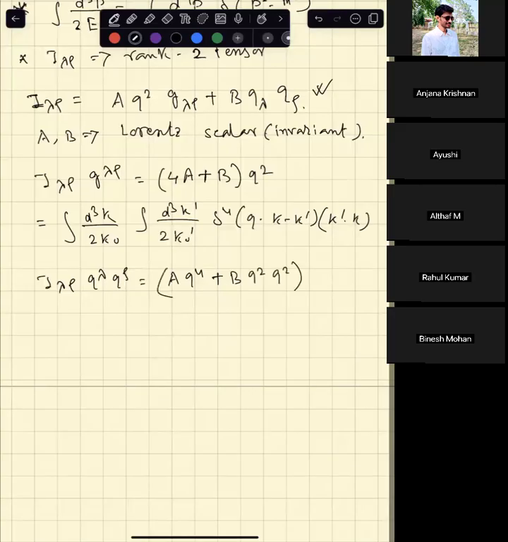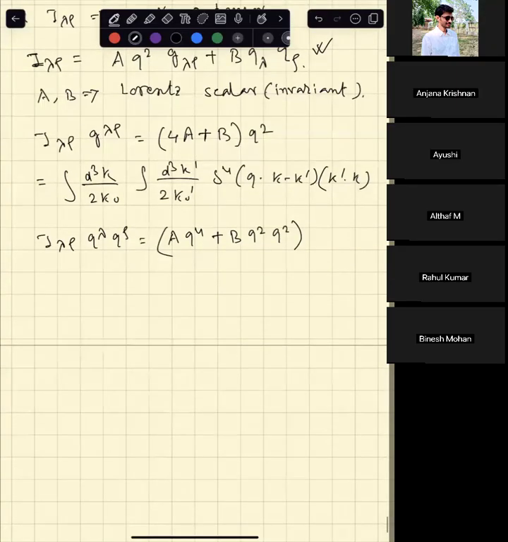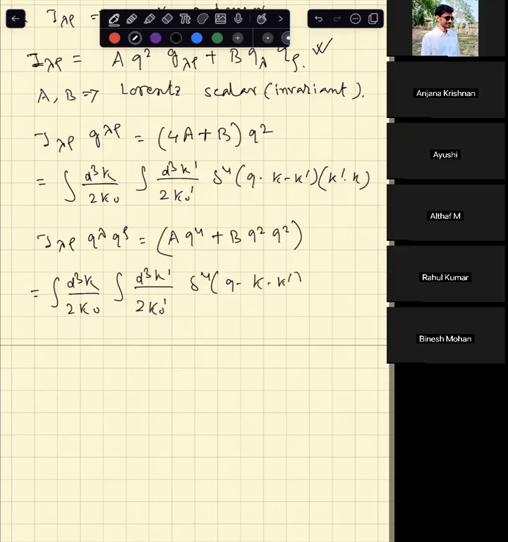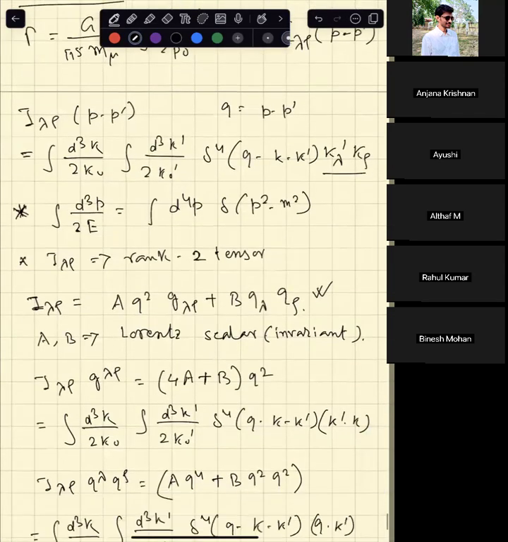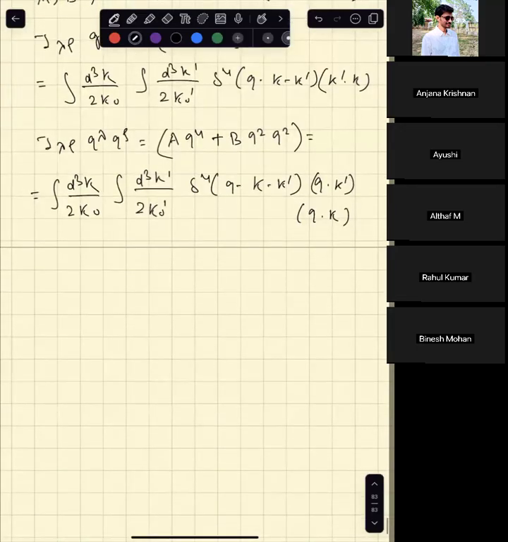This is the quantity I'll get. On the right hand side, I'll get d cube k by twice k naught, d cube k prime by twice k naught prime, delta 4 of q minus k prime, so q dot k prime times q dot k, because that will be contracted with k lambda prime and k rho. That's how we get this, and this I can write as A plus B, q to the power 4.